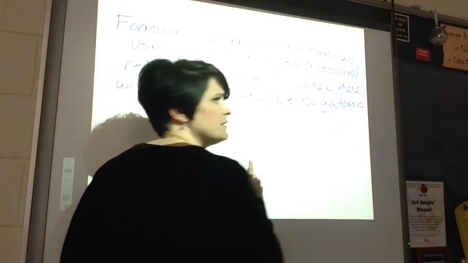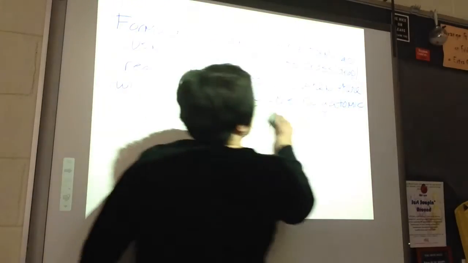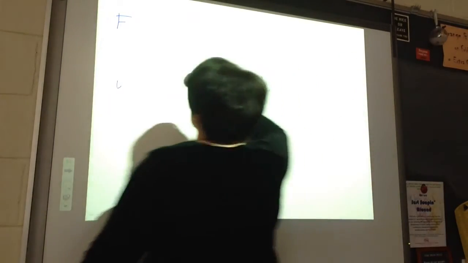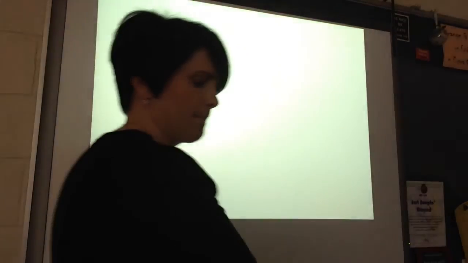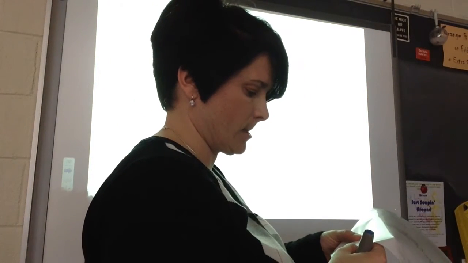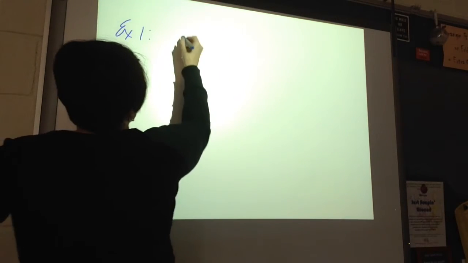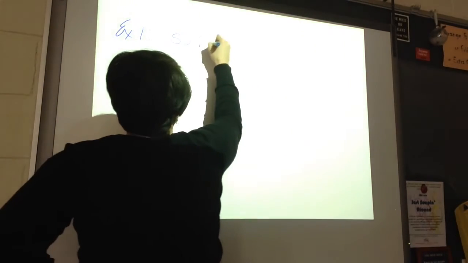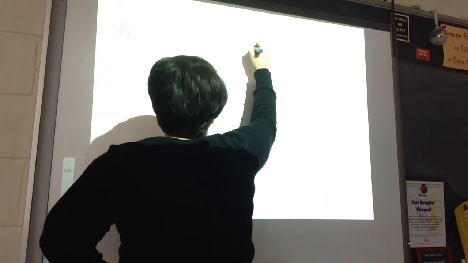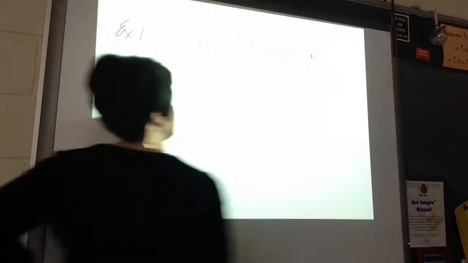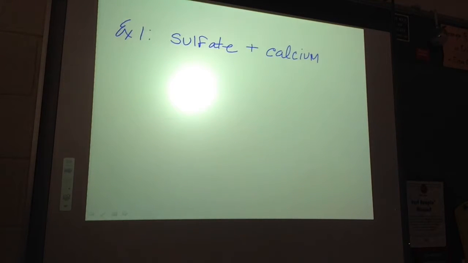Does anybody need the screen? All right. Best way to learn how to do it is to do it. So here we go. That might be a hard one to start with, but we'll get over it.